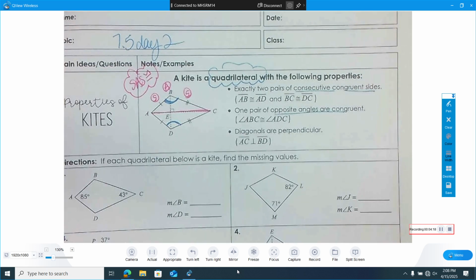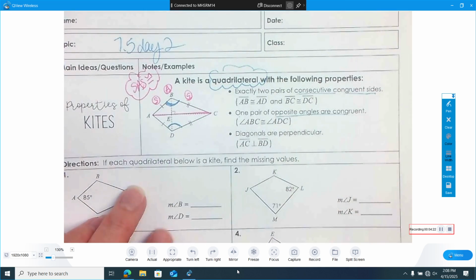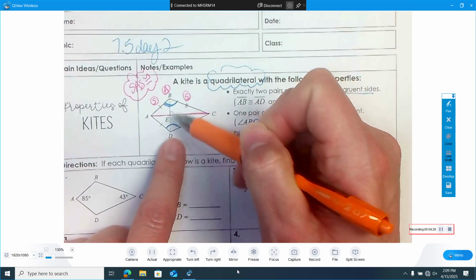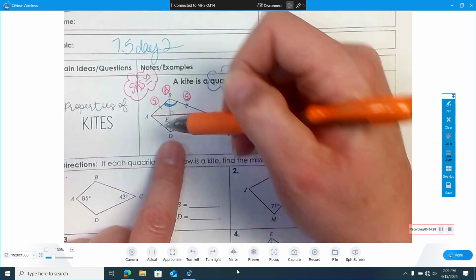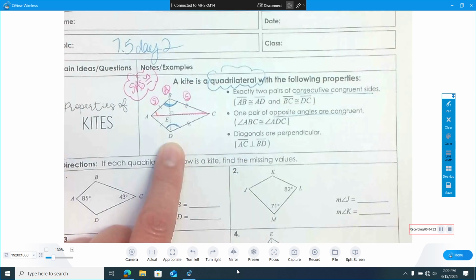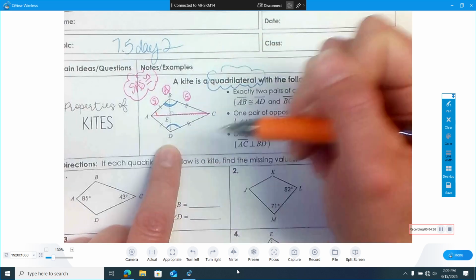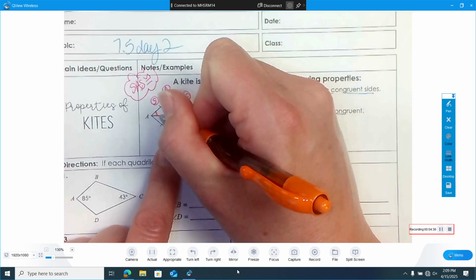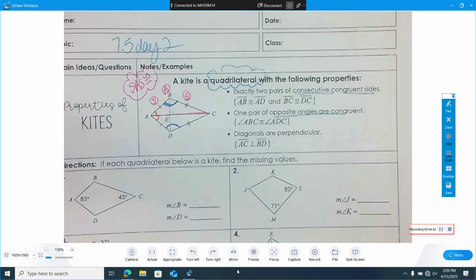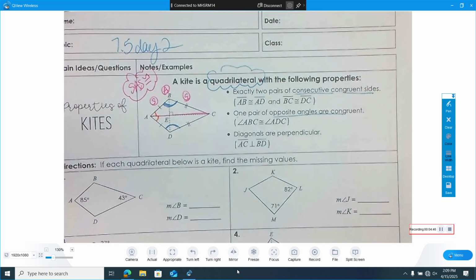So not only do we have these congruent sides and those angle B and D that are congruent, but if these two triangles are congruent, what about this little baby angle right here, angle BAE? It's congruent to angle DAC, yeah, so it's congruent to the lower one. Again, those two little babies are congruent, which means this diagonal is bisecting angle A.